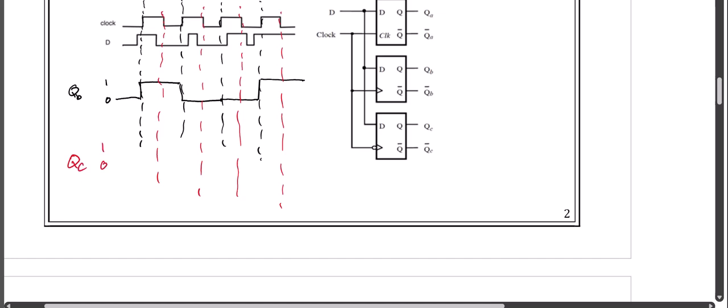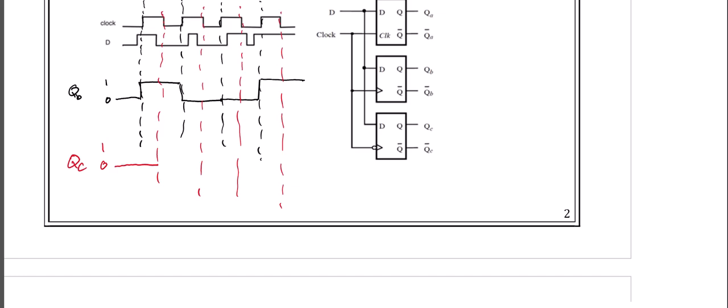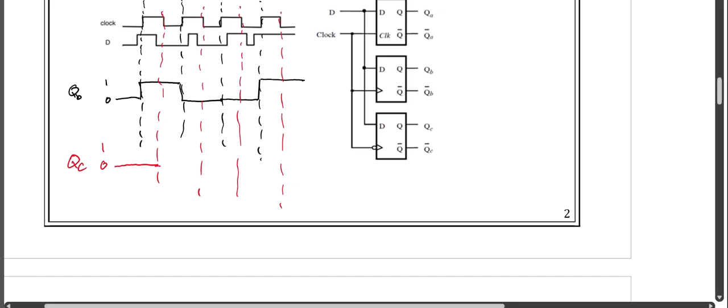If it starts at 0, it's not going to change until it gets to the negative edge of the clock. And when it gets to the negative edge of the clock, it looks at the value of D. Here it's 0, so it stays 0. The next negative edge, it's still 0, so it stays 0. And at the last negative edge, it's 1, and so it jumps up to 1 and becomes 1.